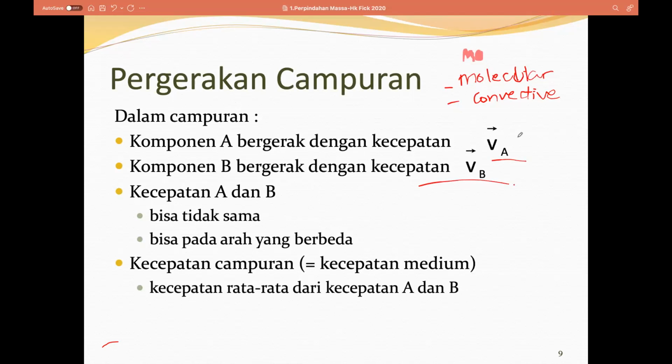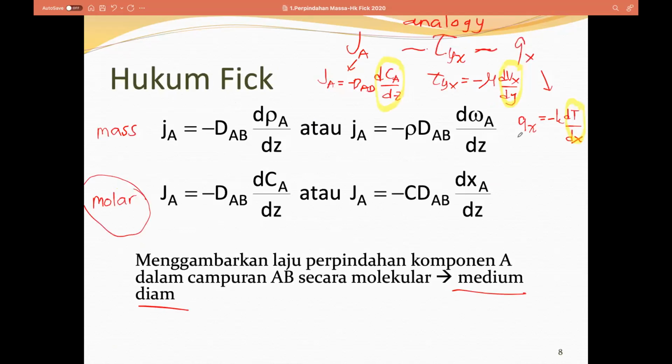In this case, we can call it the medium is stationary. Let's say you have water, component B, and then you have sugar. You put a drop of sugar into the water and you don't do anything. But over time it will start to disperse, and this dispersion is calculated by Fick's law.